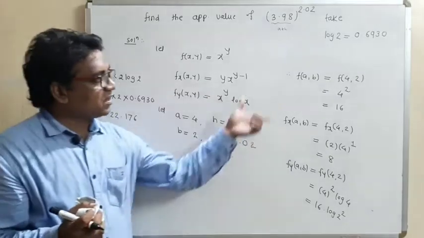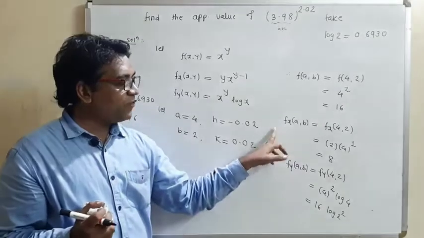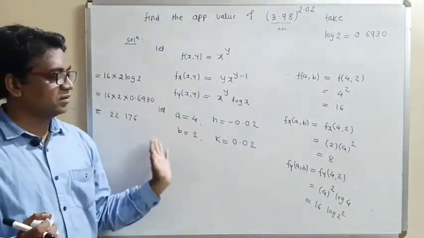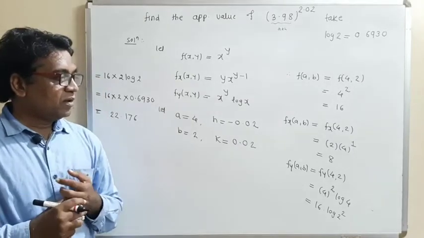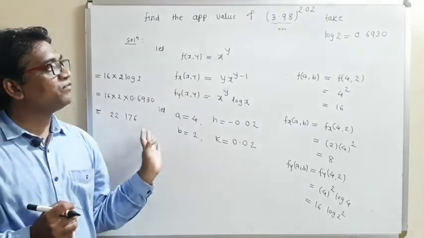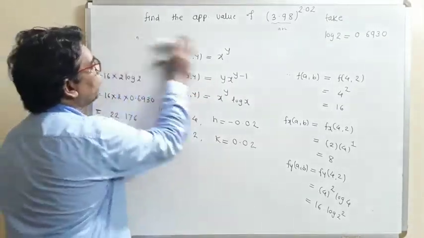So see, these are three functional values. F at AB is the first functional value, fx at AB is the second functional value, fy at AB is the third functional value. Now we use the formula for differential by which we can find the approximate value of any function. So write down the formula.